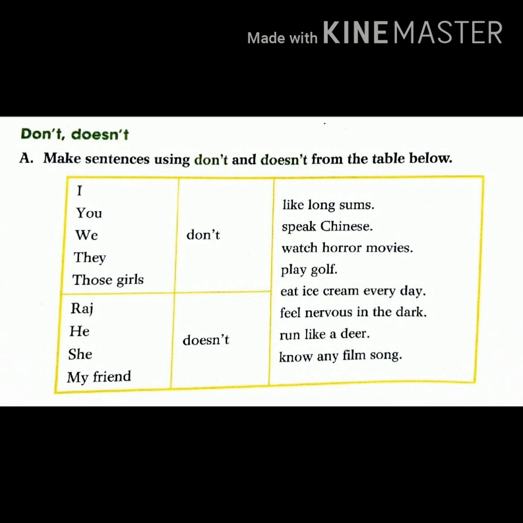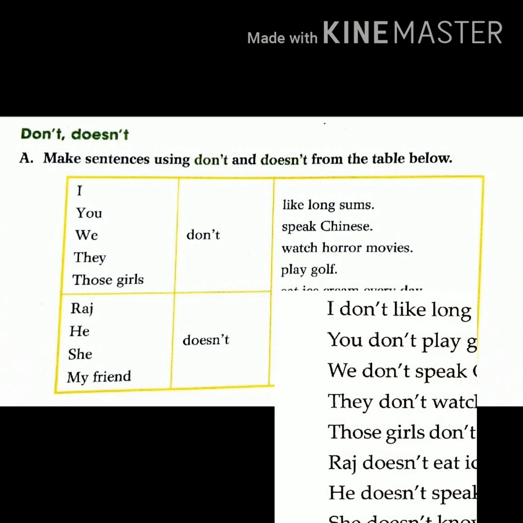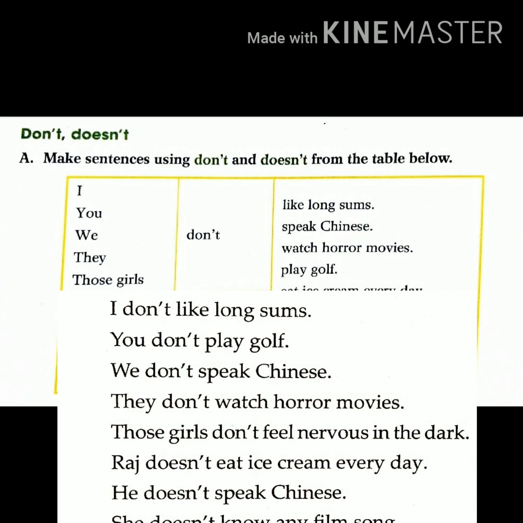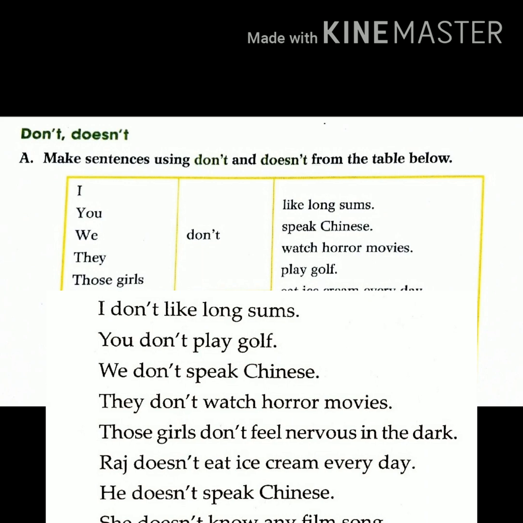So here in your textbook, you have one exercise, okay? Make sentences using don't and doesn't from the table below. You can make sentences according to your choice, okay? Like, I don't like long arms. You don't play golf. We don't speak Chinese. They don't watch horror movies.